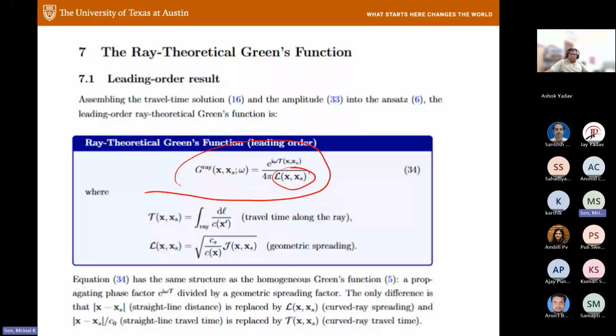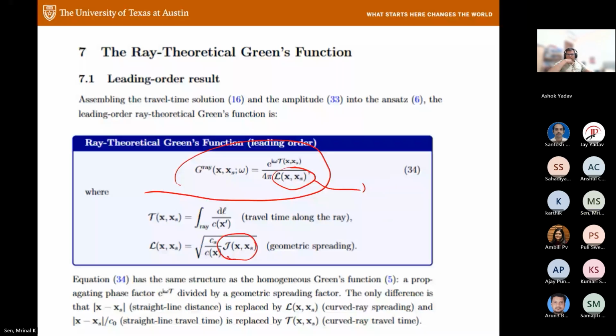Now, if it's a homogeneous medium, you can show that this is nothing but R in 3D and square root of R in 2D. That is the distance. Okay, so the spherical spreading or cylindrical spreading, depending on whether it's 3D or 2D.